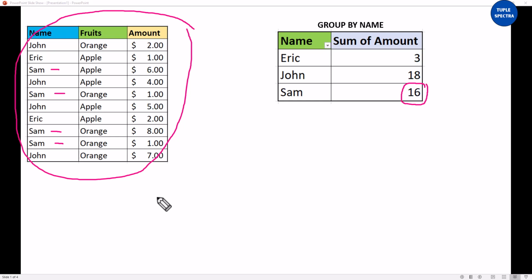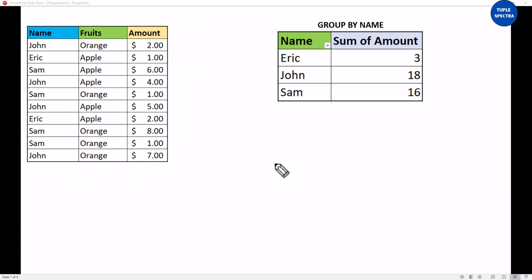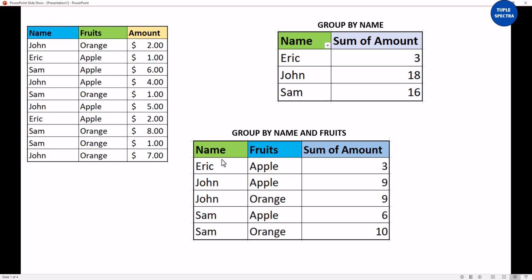What I did just now was based on just this one column, the name column. What if we want to segment it based on two columns? We can do name and fruits. We want to get the total amount that Eric spent on each fruit.